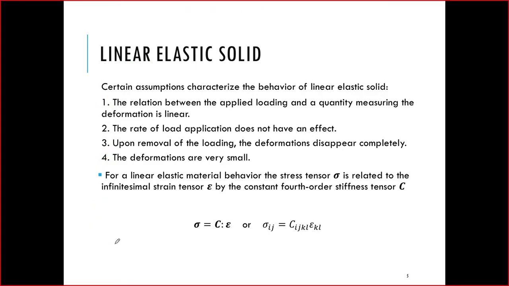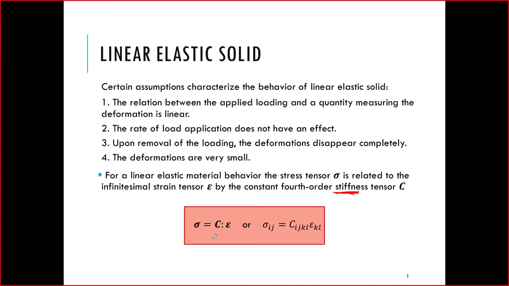Now please notice that when I'm talking about the 3D general behavior, I am talking about the full stress tensor and the full strain tensor. And now they are being related by this fourth order tensor, which is known as the stiffness tensor, most commonly represented by C. And we're not going through the proof of how this came about, just take my word for it, this is just an experimentally observed phenomenon.